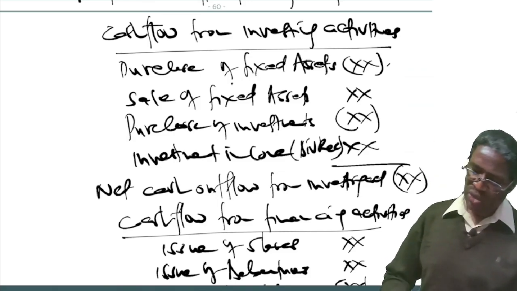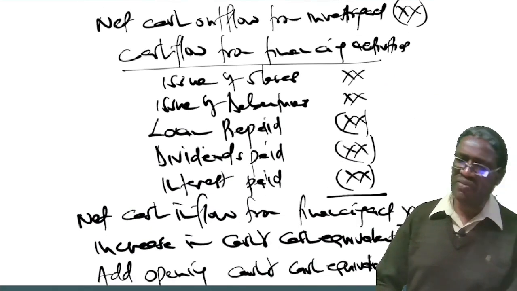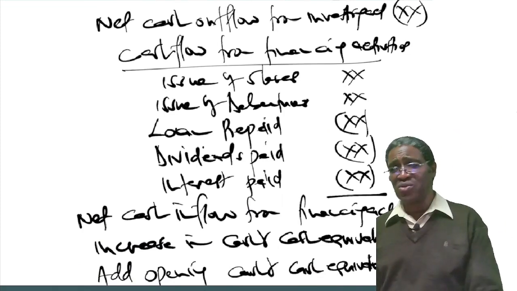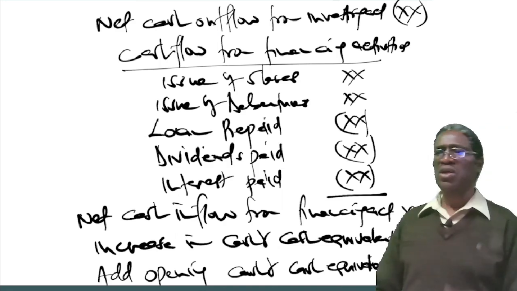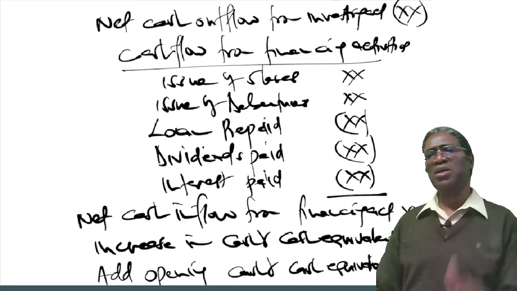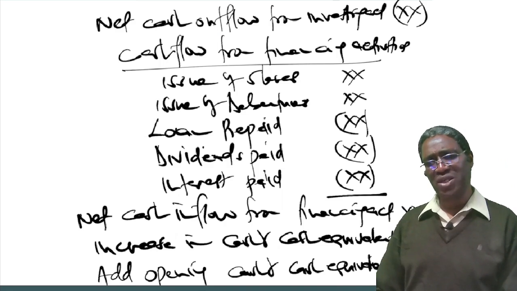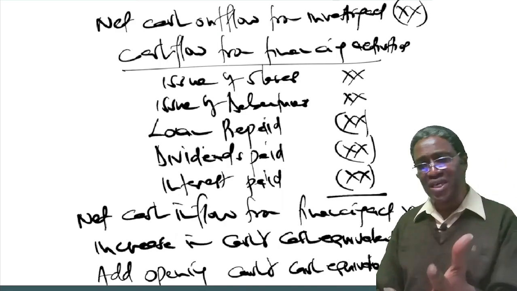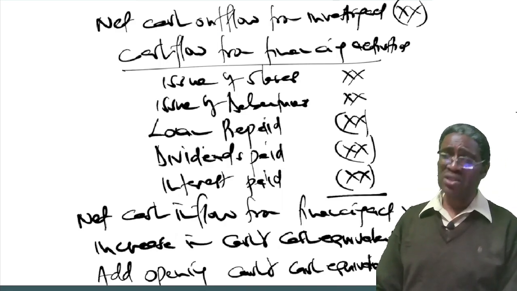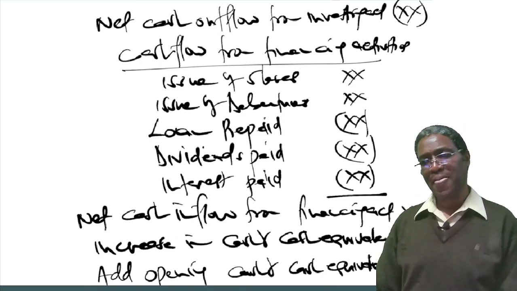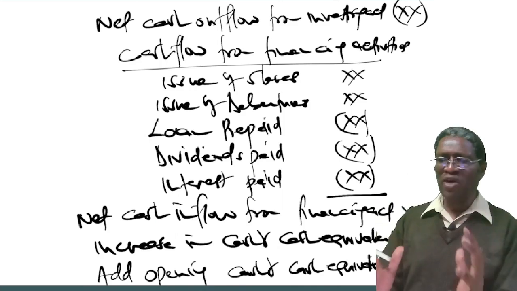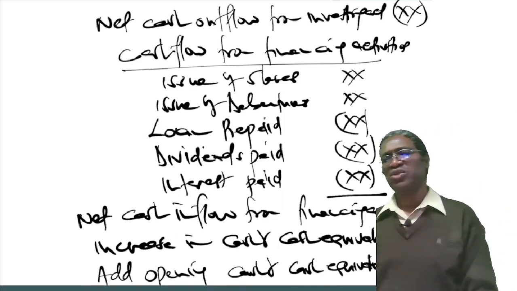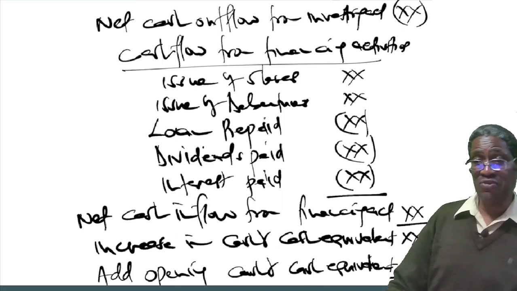Then we identified the financing activities. Those are the major finances of the company. That is the shares. Maybe there was an issue of shares, or a loan repaid, or an issue of debentures. Then you pay the returns to the providers of these finances. Good. So now I hope you have a general overview of how to prepare a cash flow statement.